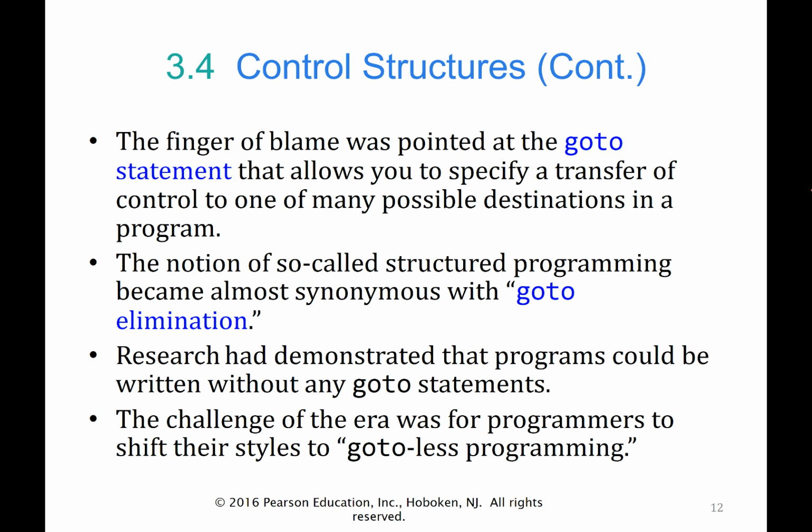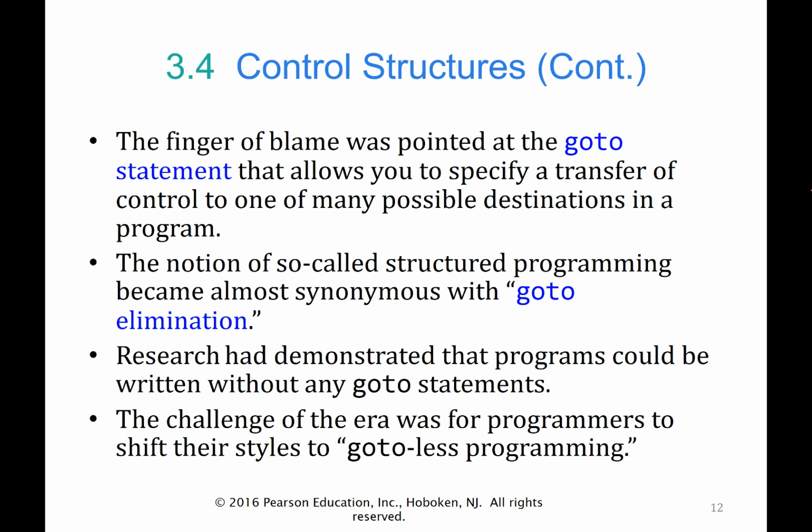But the researchers demonstrated that programs could be written without any go-tos. Hence, we don't have the go-to statement in our textbook anymore. It's gone. And usually go-tos mean you just have another place in your program, you just simply say go-to.